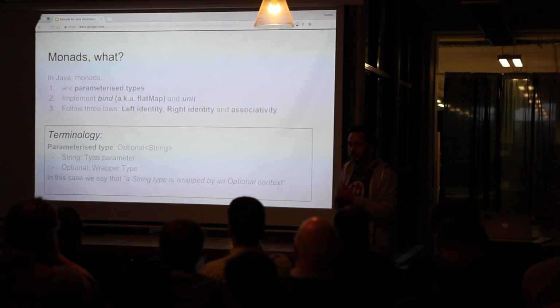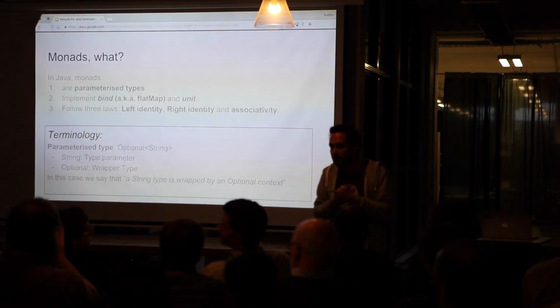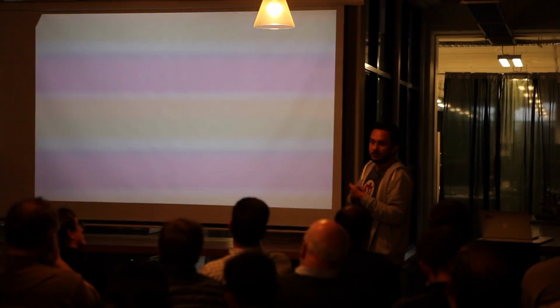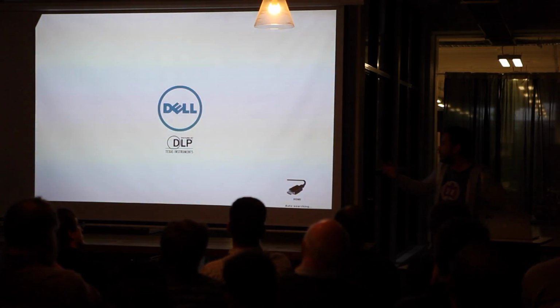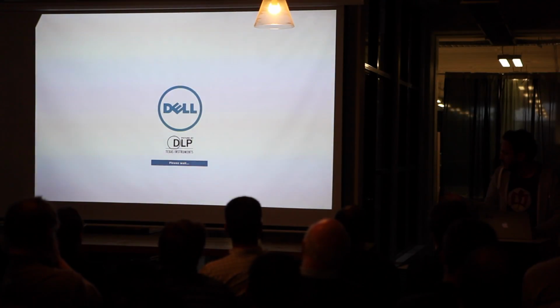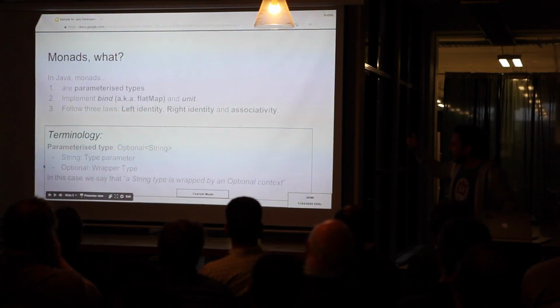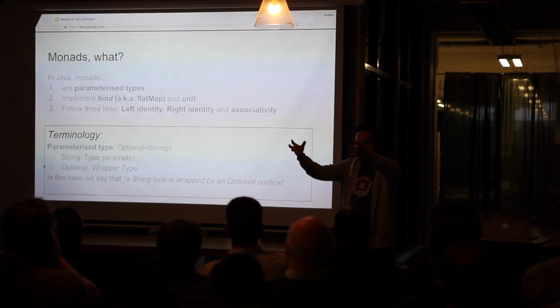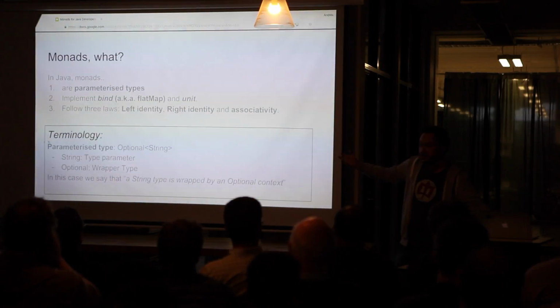So what I just meant was a class that is an optional string. The string it contains might be null, or it might be there, or it might not be there. Exactly. So it's not the string that it contains, it's the whole optional thing. The whole optional thing might be empty or might contain a value.